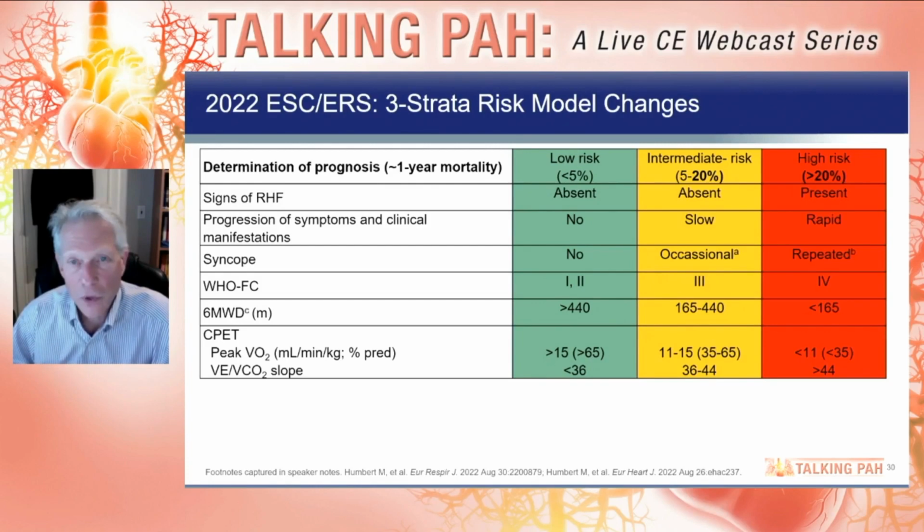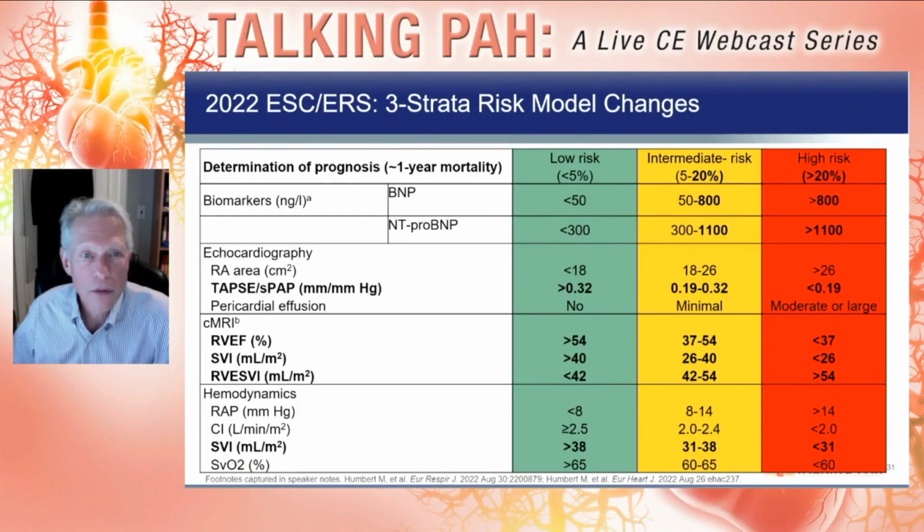And again, the vast majority of patients end up in that intermediate risk category based on these criteria. And these have been updated for the three-strata risk models, which added some assessments of the right ventricle, including echo, cardiac MR, and hemodynamics, which improved this three-strata risk model. But I think, as you'll hear from Mark later, breaking that intermediate risk group down into a low and high subgroup improves the calculator even better.